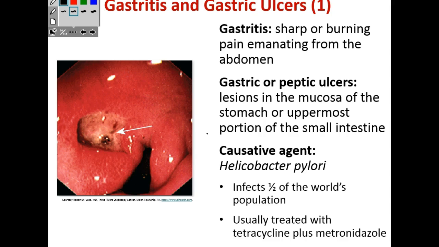Gastritis and gastric ulcers. You've heard of people having ulcers in their stomachs, right? And ulcers other places. You can have an ulcer in your mouth. But gastritis is a sharp or burning pain emanating from the abdomen. Gastric or peptic ulcers are lesions in the mucosa of the stomach or uppermost portion of the small intestine.